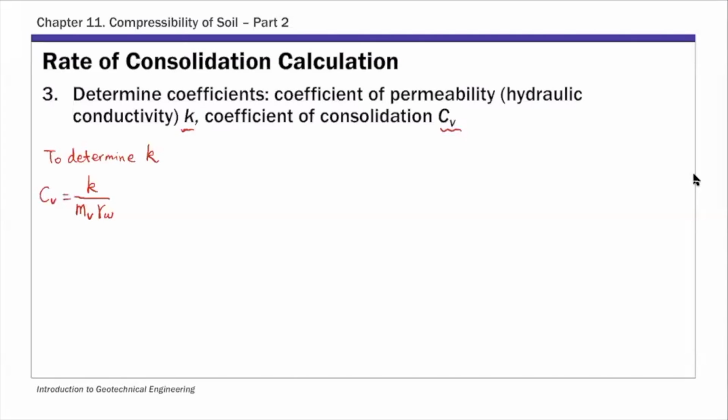So remember, C sub V is related to permeability of the soil, and also this coefficient of volume compressibility, m_v. So this gives you a way to calculate the k.